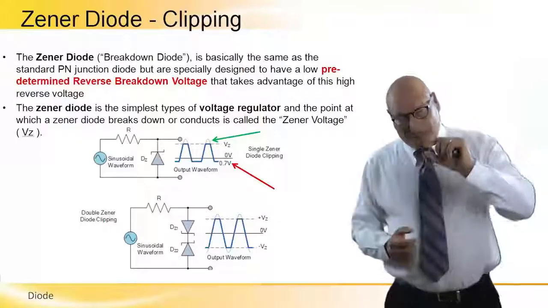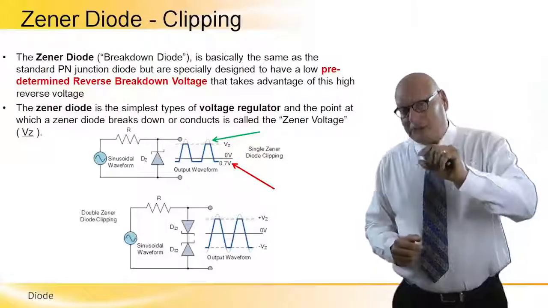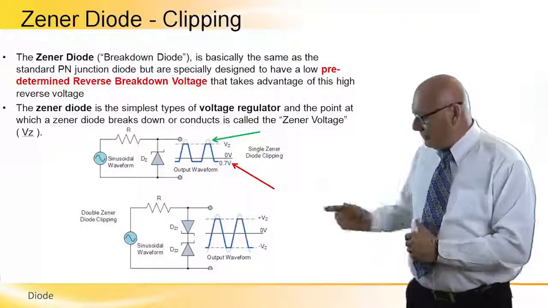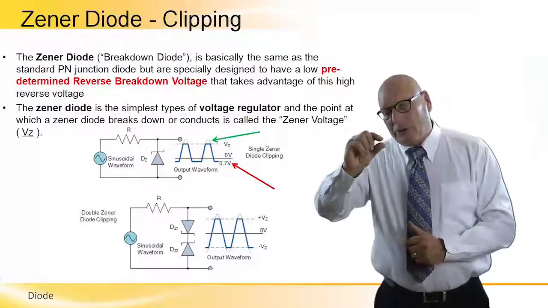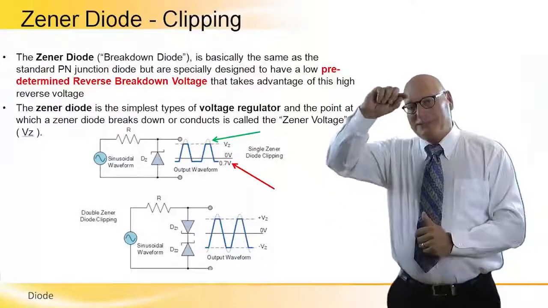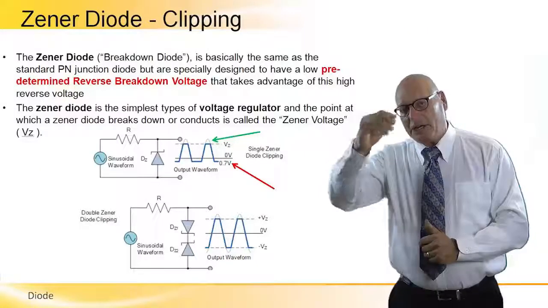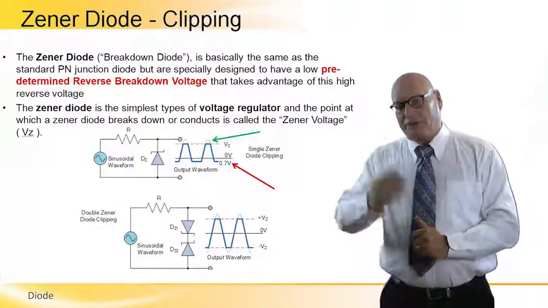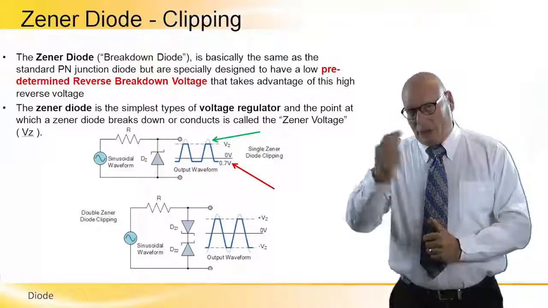And because silicon has a fixed voltage level of 0.7 in a positive direction, as we can see by the red arrow, we have this small voltage drop across the diode in the positive. So it's clipping the top above the rated voltage of the Zener diode, and it has a permanent fixed 0.7 volt in the positive direction. So it's an asymmetrical type of waveform when we have only one Zener diode.